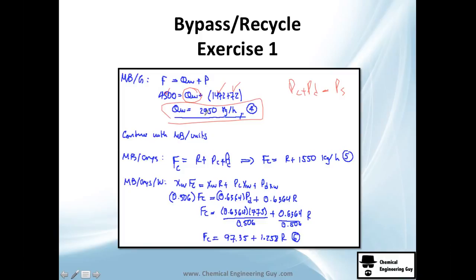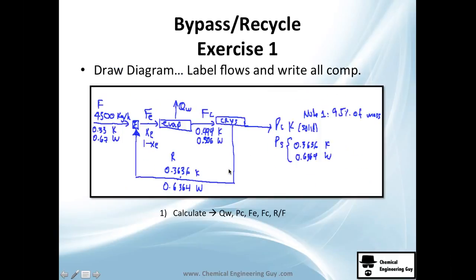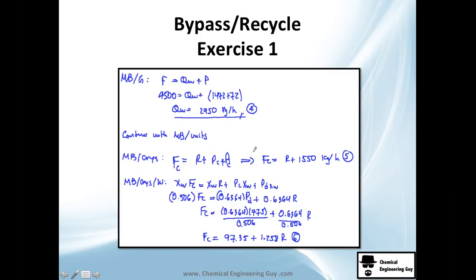Nice. Now, let's do the mass balance in the units just to see what else can we get. Hopefully we get compositions. So we do a mass balance in the crystallizer. Let me go back. Sorry about changing a lot, but it helps. So you can see, this is the crystallizer. FC is entering, R is going out, and PC and PS is going out too.